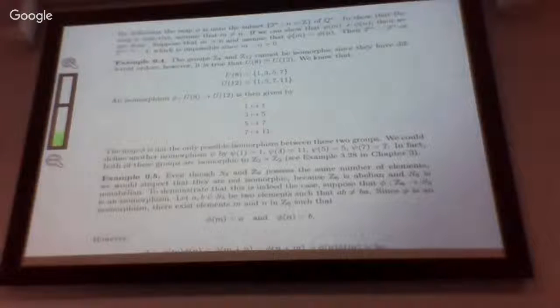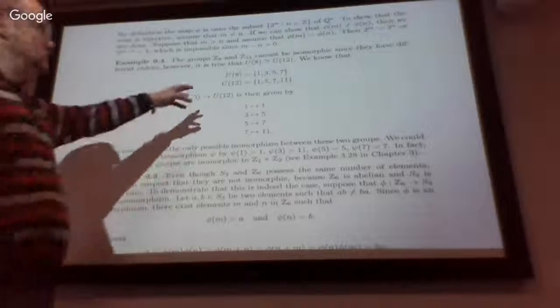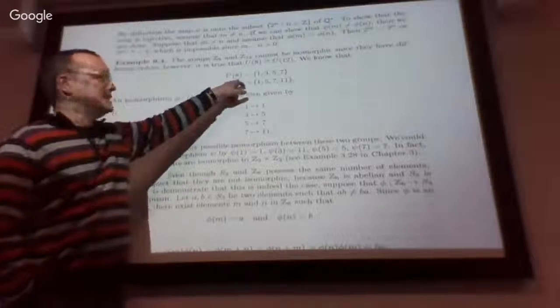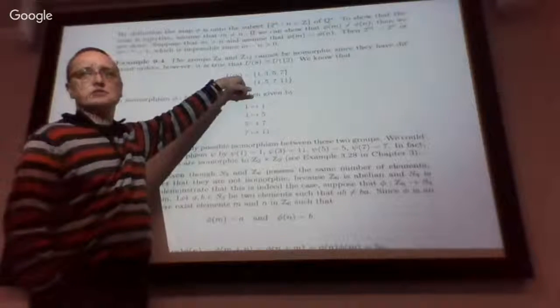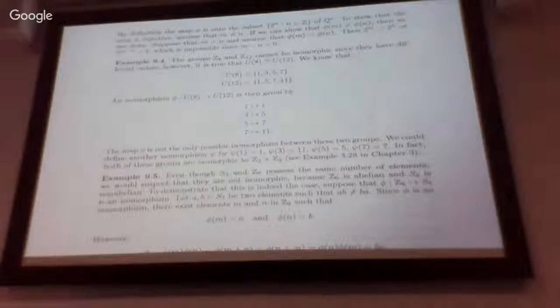Examples which are maybe not so immediately obvious is, so let's say U8 and U12. So U8 and U12, these are the multiplicative modular groups, modulo 8 and 12. Remember, we would have called it the multiplicative group Z8 and the multiplicative group Z12 in our number theory studies last year.